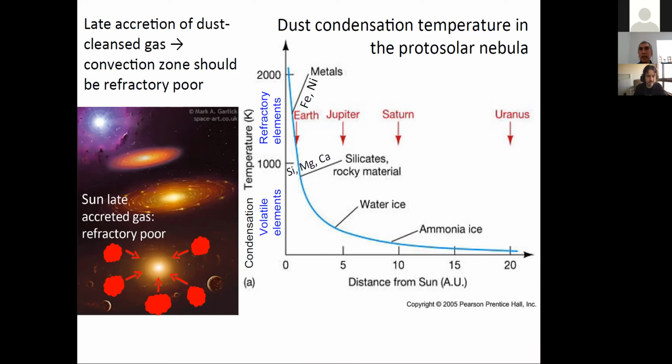So because the dust was separated from the gas, the late gas that was being accreted in the final stages of gas accretion by the sun was probably poor in refractory material. And this may imprint a signature of planet formation.